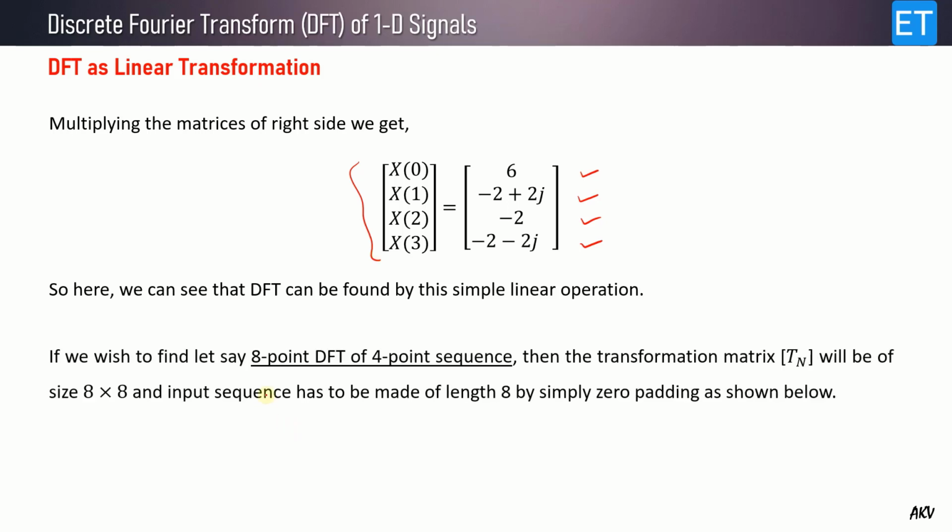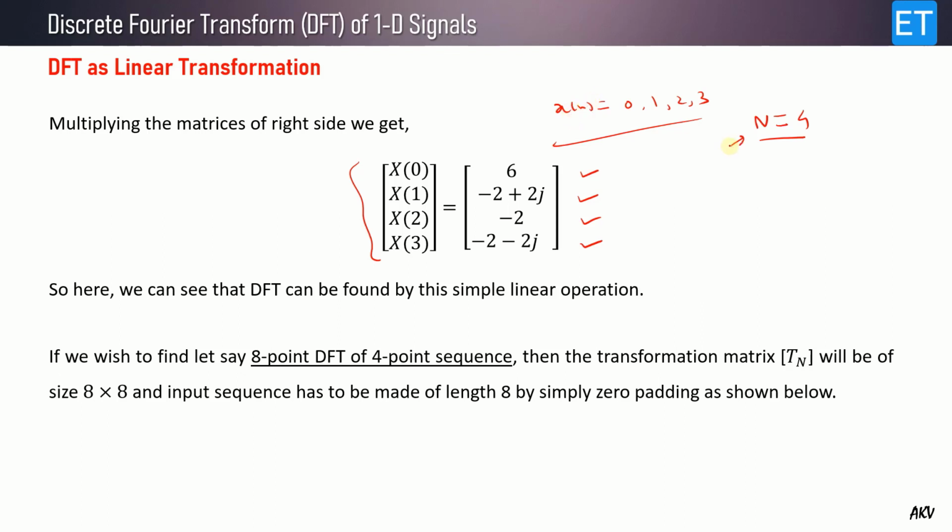So now here we have the 4-point input. I mean x(n) was 0, 1, 2, 3, right? As I said, the minimum value of N should be 4. That means you can find the 4 samples of that continuous spectrum of x(n), I mean the 4 samples of DTFT of x(n), so that during inverse transform you can get your signal x(n) back.